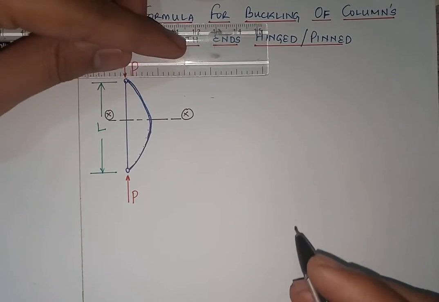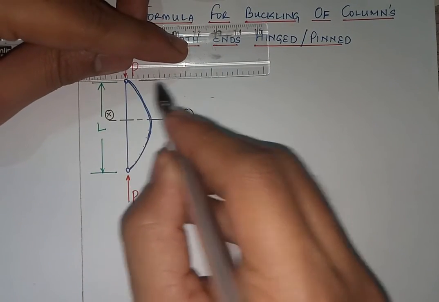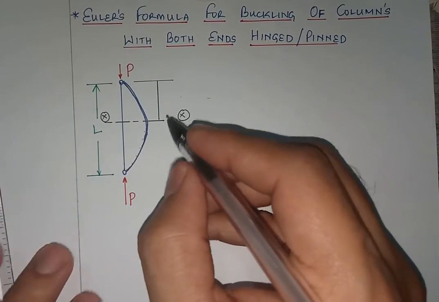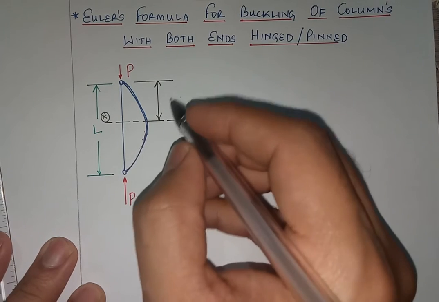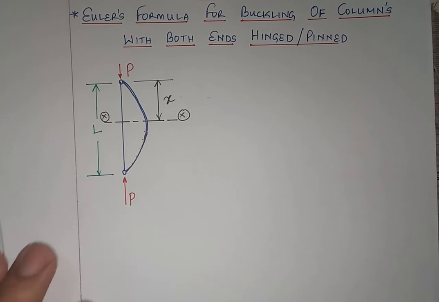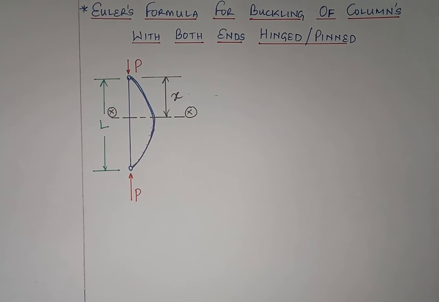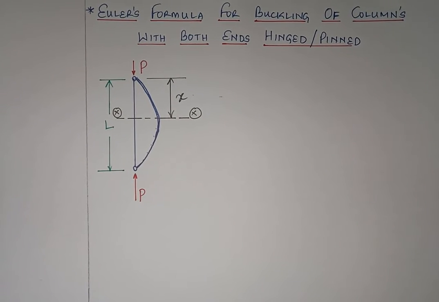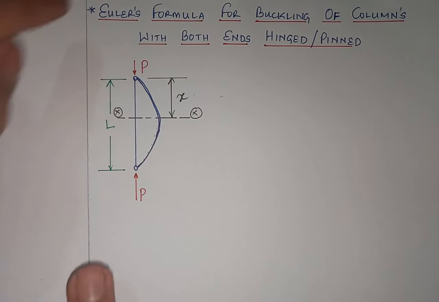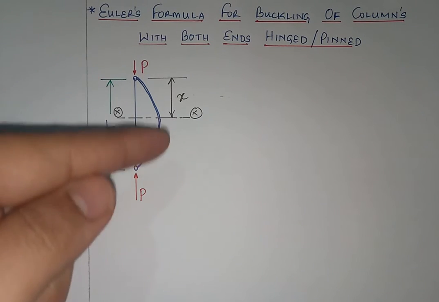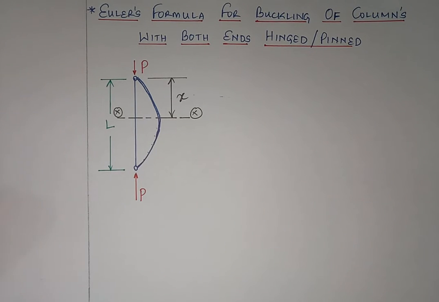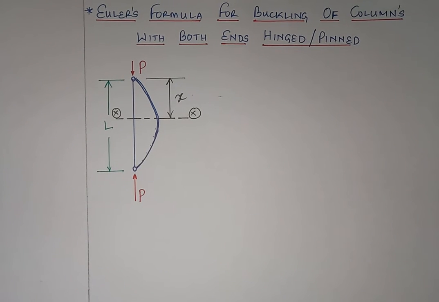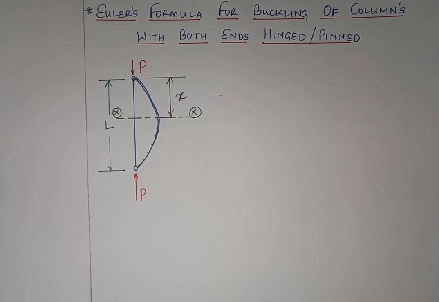The distance of this section from the top end is x. So what I have done is I have considered a column with both ends pinned, so whenever a compressive load acts from both the sides, it will be bending in this fashion. Initial length was L. At a distance x from the top end, I have considered a section XX.